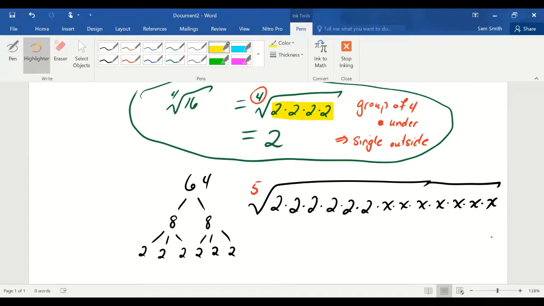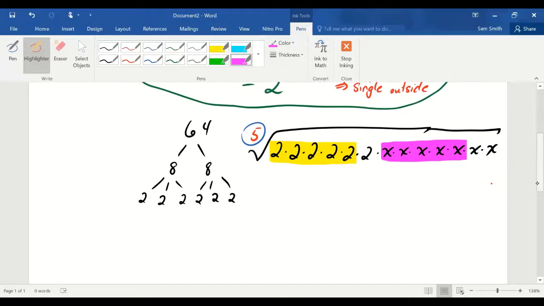Now I'm going to go in and I'm going to say, hey, I have a group of 5 twos here under the root, and I also have a group of 5 x's under this root. And so each of those groups can be transformed into a single copy outside.